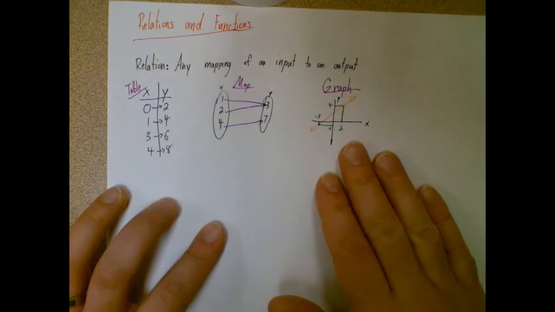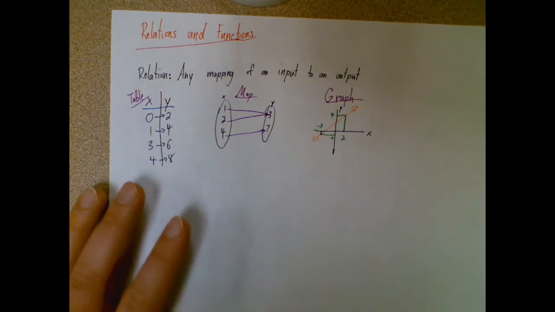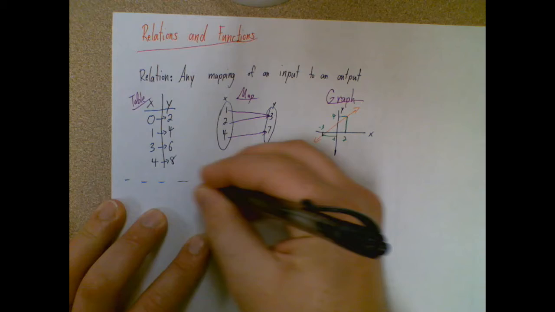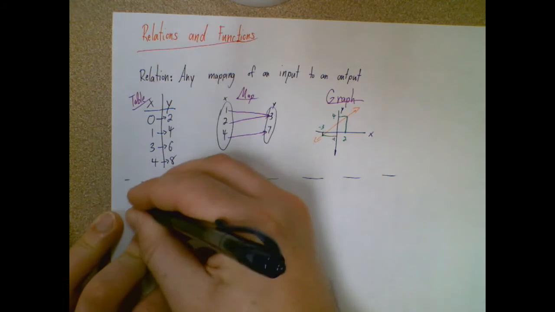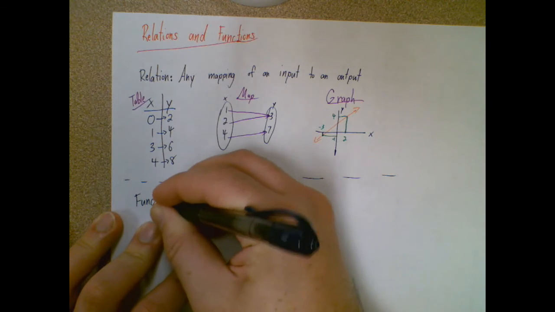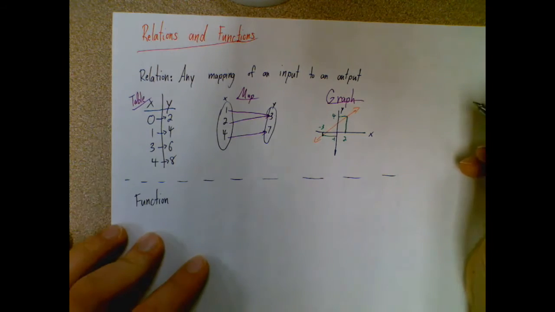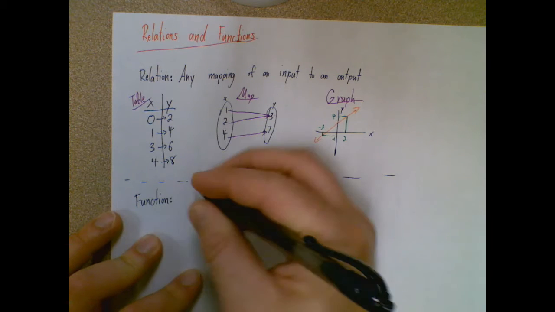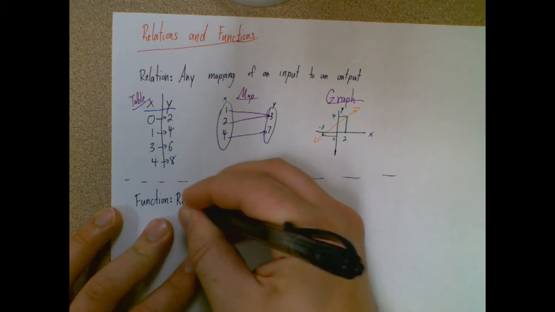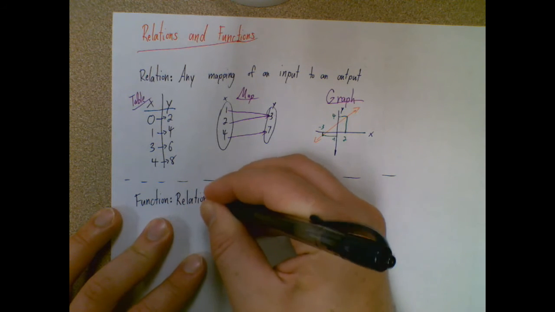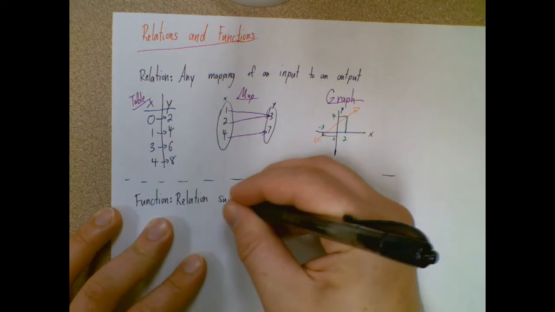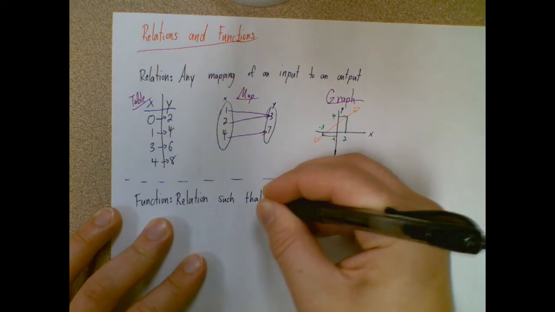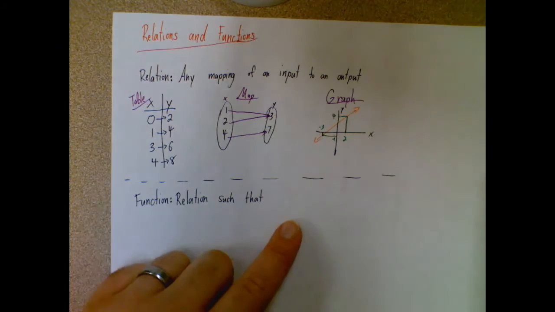A function is a special type of relation. So a function is a relation such that, so this has to be true, so it's a relation with this specific thing.